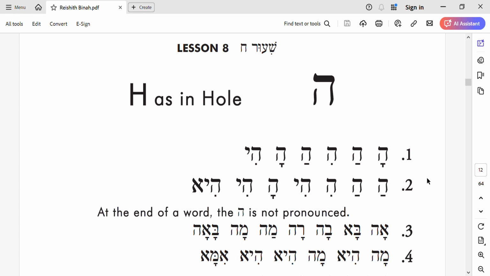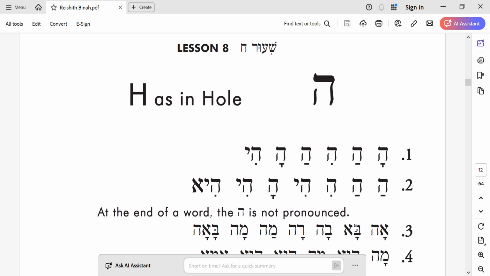Okay. A little note here in the notebook is that at the end of a word, the hey is not pronounced. So basically, if we look at this word right here, aleph with a kamatz and a hey right after it is basically a.